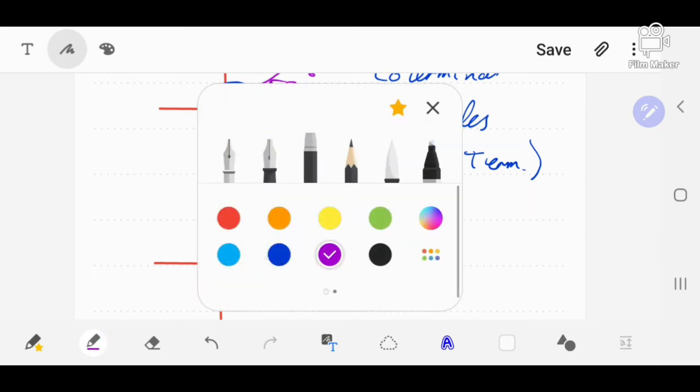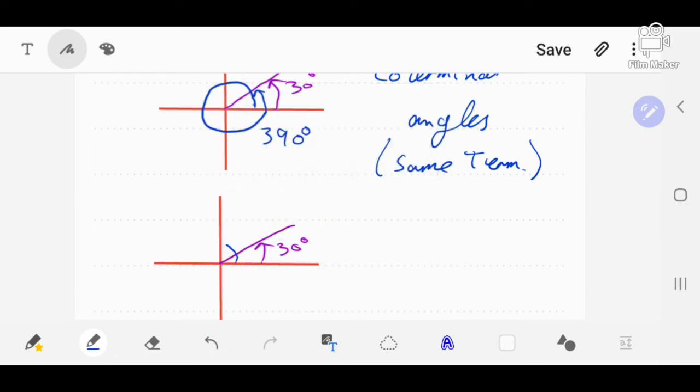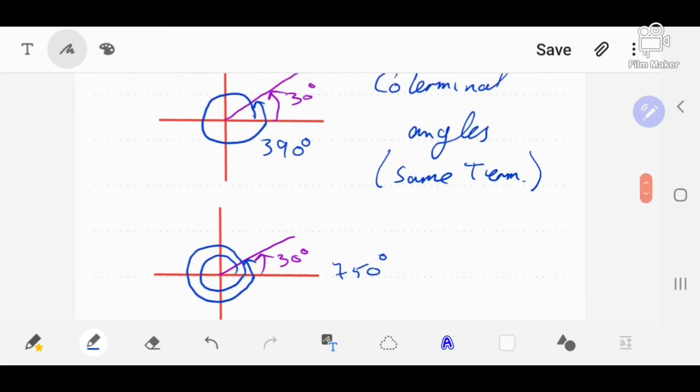Another full circle, that's 720. Until I reach the 30, that's 750 degrees. So till now I have 30, 390, 750, and actually I can keep going with circles, and that will give me the same terminal side.